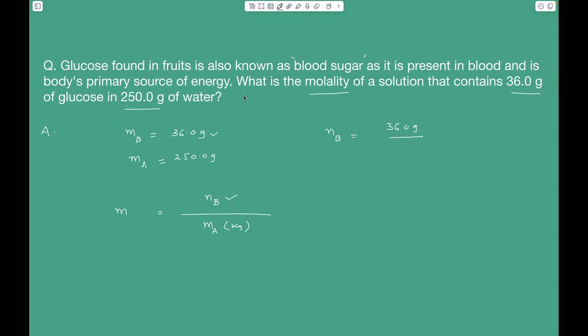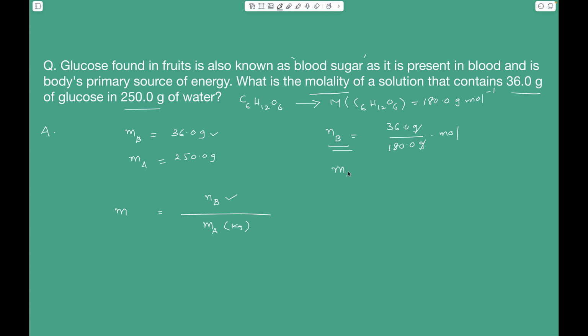The molecular formula of glucose is C6H12O6. And if you calculate, its molar mass comes to be approximately 180 gram per mole. So you have to divide 36 grams with 180 gram per mole, and if you take mole inverse into the numerator, it becomes mole. So this is the amount of substance of solute or the number of moles of solute.